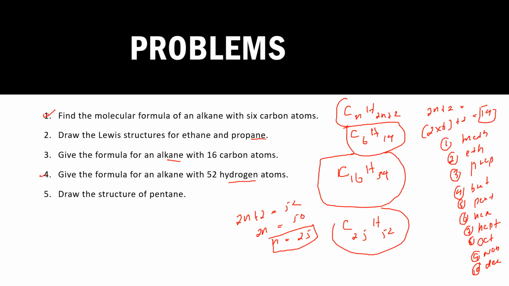Draw the structure of pentane. Again, ane means alkane. Alkane means single bonds. So draw the structure of pentane. Now we count meth, eth, prop, but, pent. So hydrogen is everywhere. We'll be talking about hydrocarbons here, so everything is filled up by hydrogens.